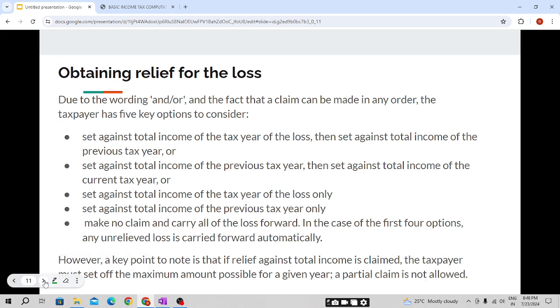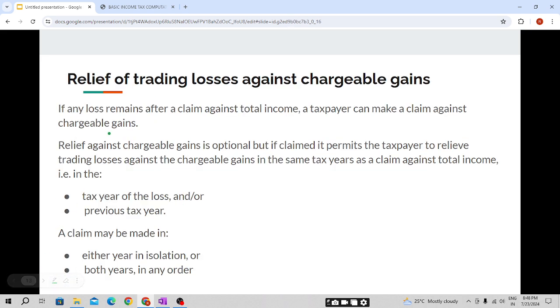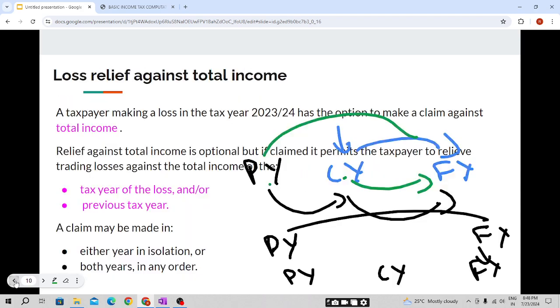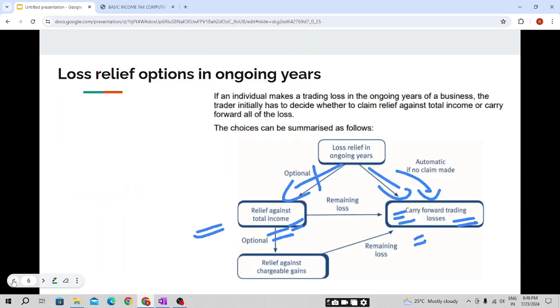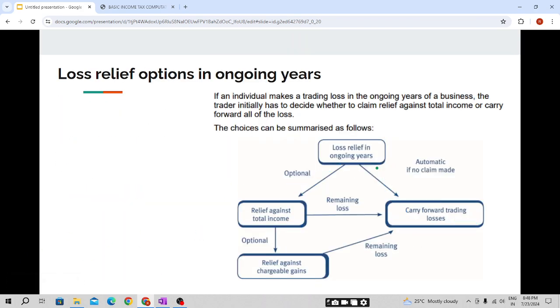Now students, moving to the next case, relief of trading loss against chargeable gains. We have seen in a flow chart that if no option is claimed, directly carry forward. If option is claimed, set off against the total income. If further loss is there, we can set off against the chargeable gains or directly carry forward.